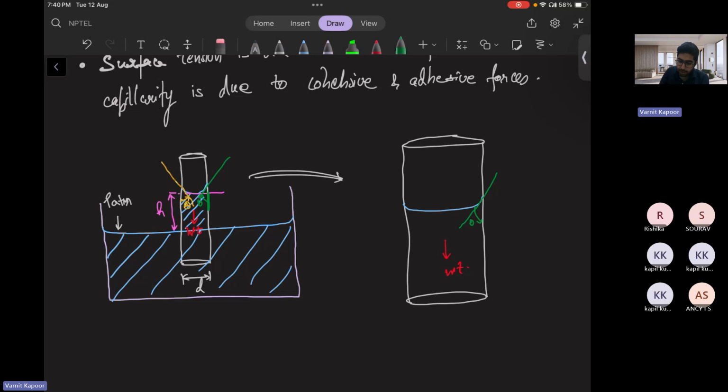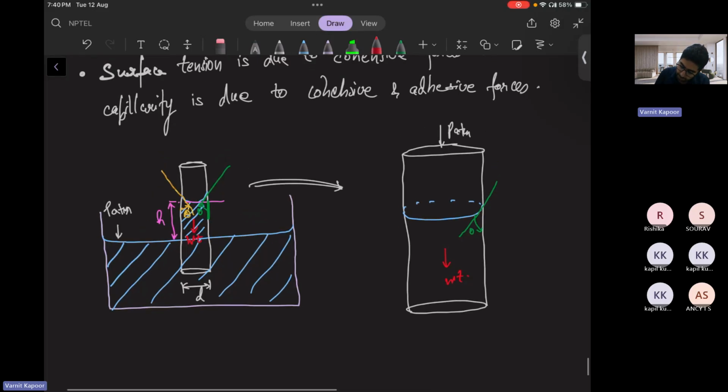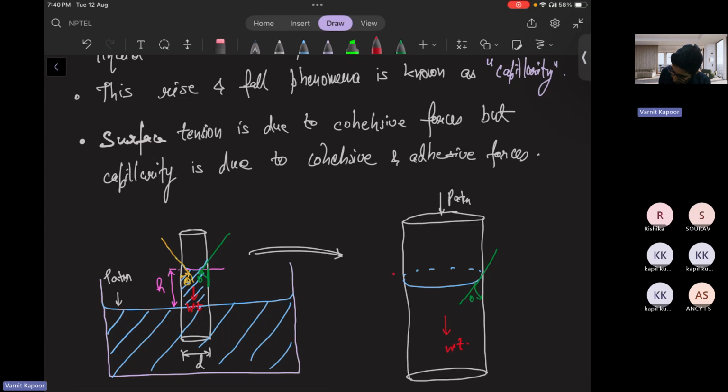Here wetting is happening, whereas this liquid meniscus, which is nothing but a cylindrical shell, is experiencing surface tension because this is open to atmosphere. Here, gas, that is air, is there. So surface tension is happening at the interface, at this point.